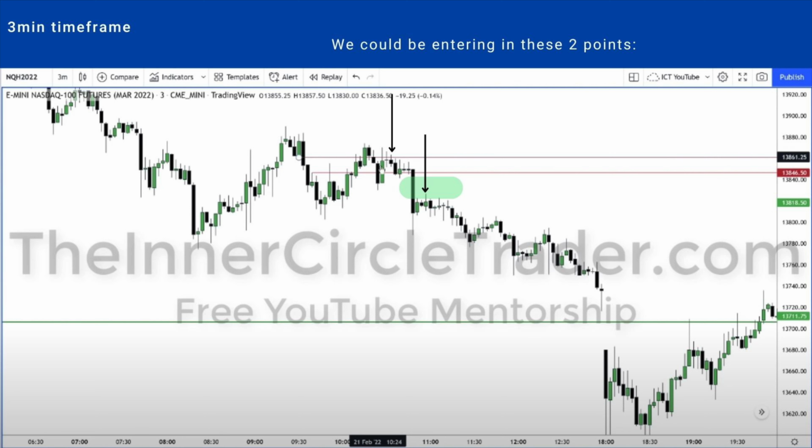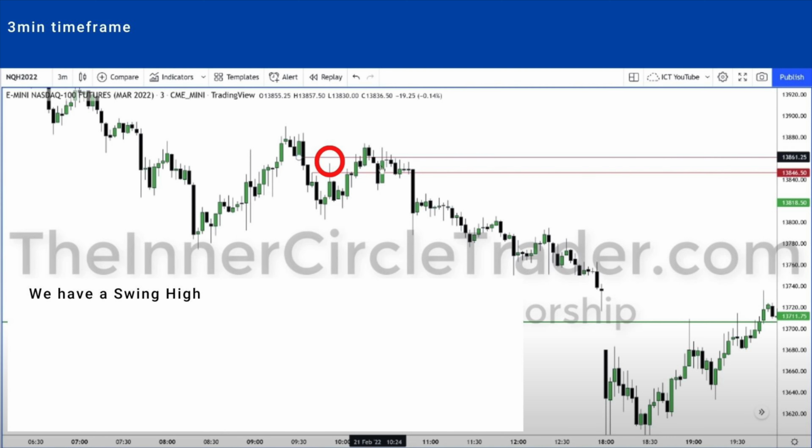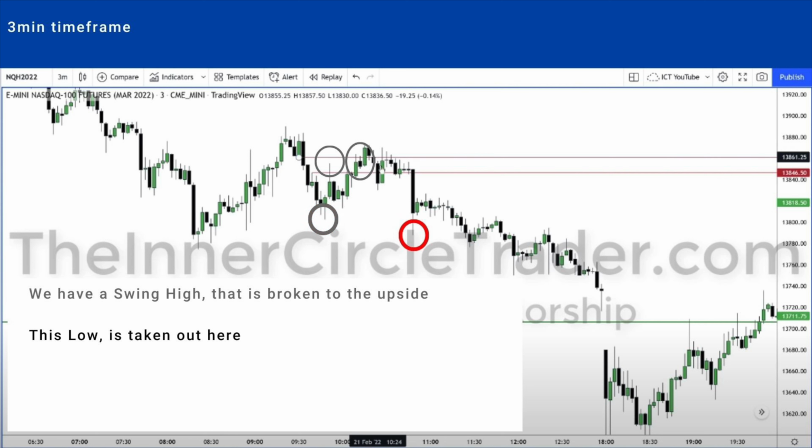Again, guys, why? Let's recap it from the beginning. Here in red, first and foremost, you see a swing high. Now that swing high is broken right after to the upside with a higher high. Now look at this low here in red. This low is actually taken out here in the red circle.